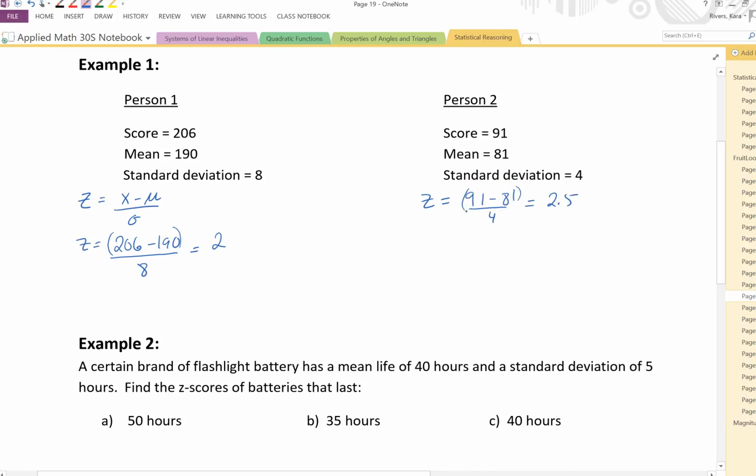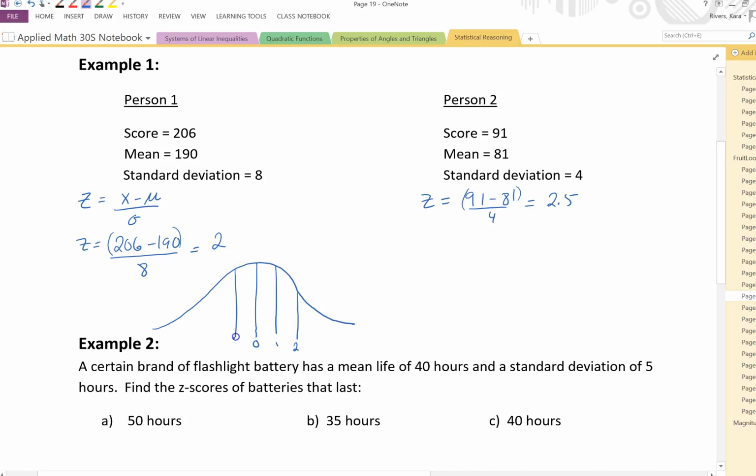So what does that mean? Okay, well, person 1 has a better score than person 2, but if we were to draw this, the normal distribution for person 1, well, this means we've got a Z-score of 0, 1, 2.